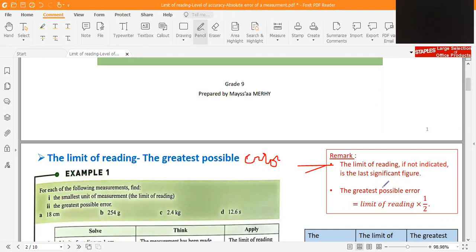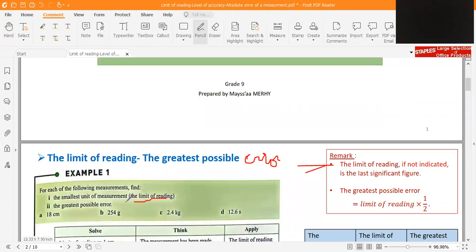Okay, so we will have an example. For each of the following measurements, find the smallest unit of measurement. The smallest unit of measurement can be known as the limit of reading.